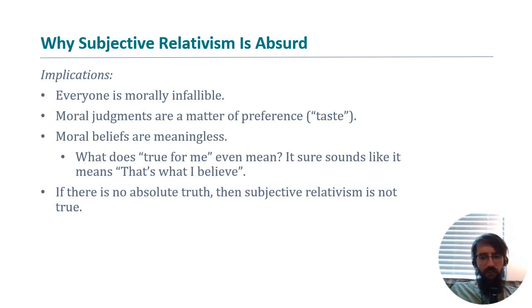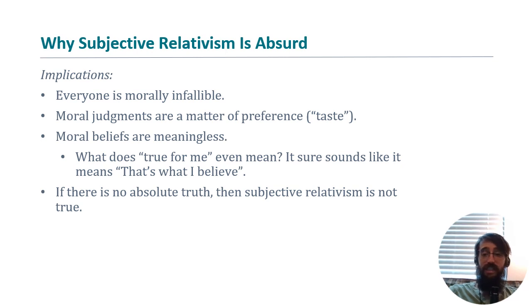But remember, this view doesn't just say that we have different beliefs. It says something stronger than that. It says there can be no objective truth in morality because there can only be true for me or true for you. So what this view ends up suggesting is that if I think torture is wrong, for instance, that doesn't really mean that torture is wrong.